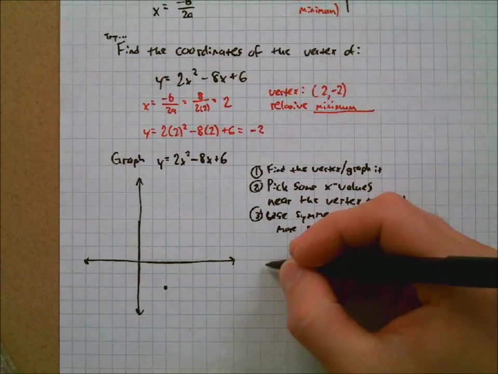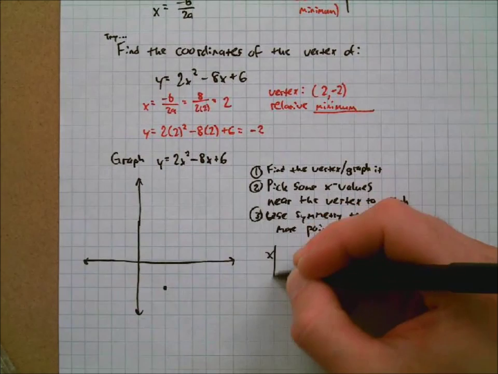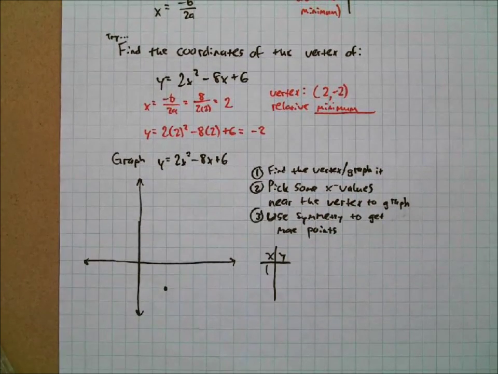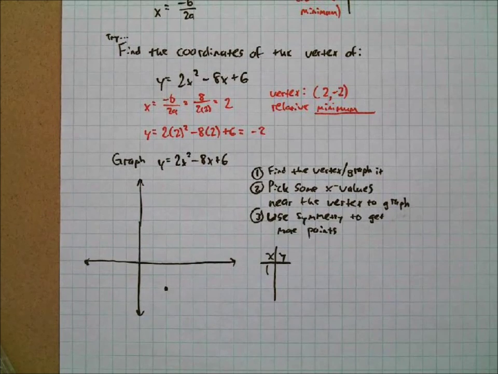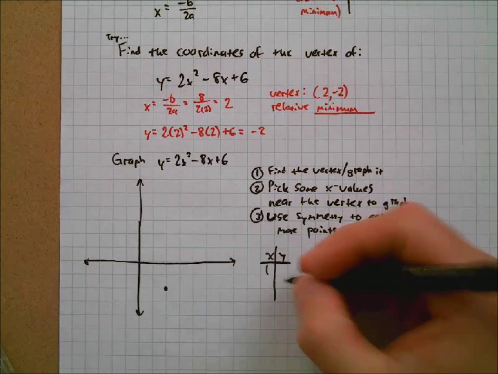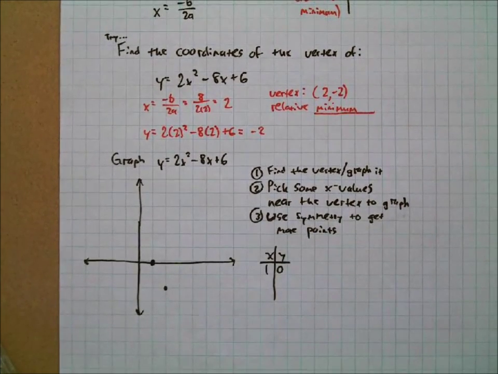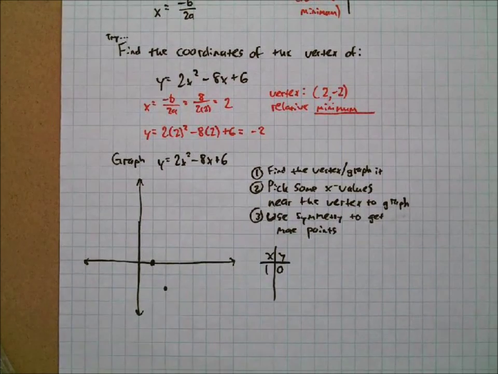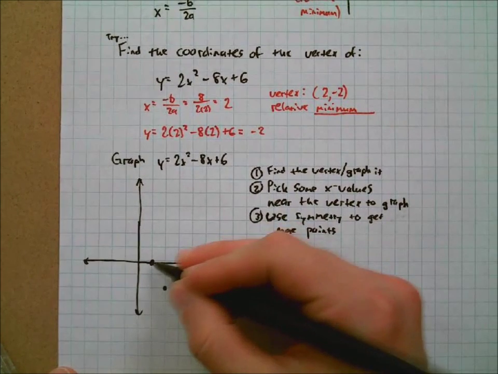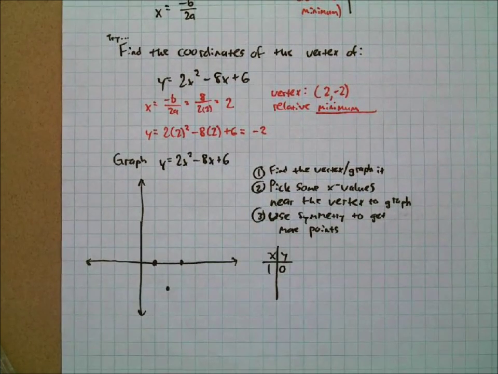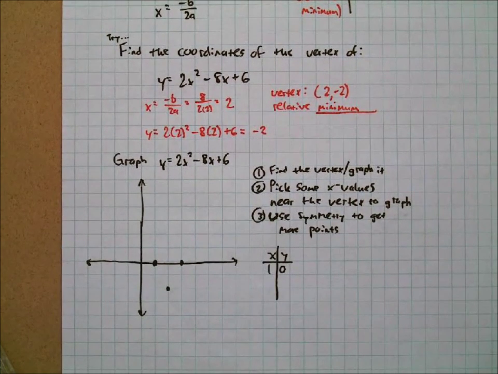I'll make a little chart. So we'll plug in 1. What do we get for our y value? 0. Okay, so 1, 0. That means what else is a 0 here? 3. Yeah, if 1 is 1 away from the axis of symmetry, then 3 is 1 away as well. And then 0, I think you suggested. 6.